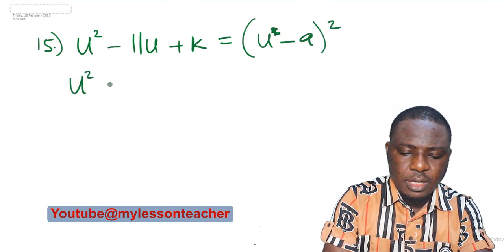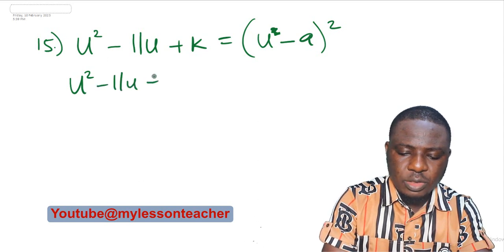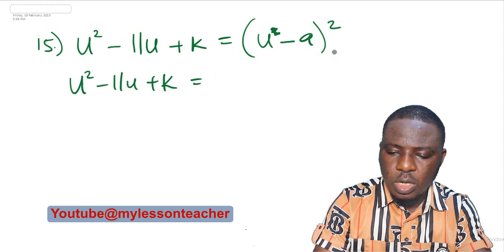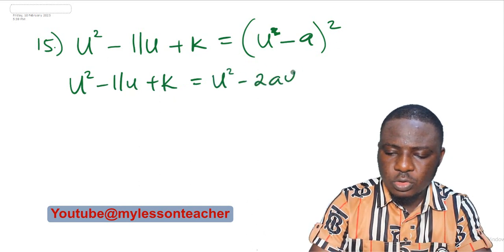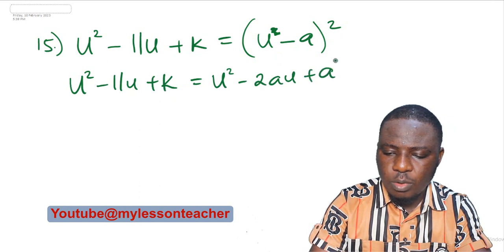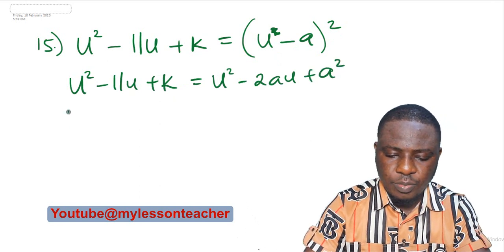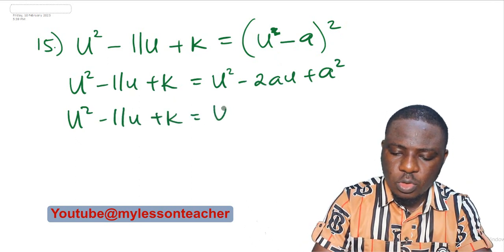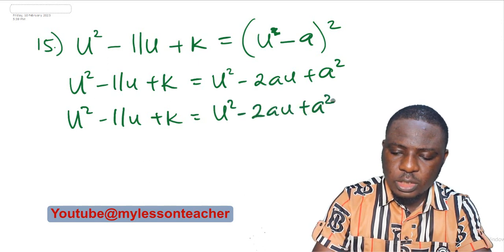So you simplify, this becomes u squared minus 11u plus k to be equal to u squared minus 2au plus a squared.